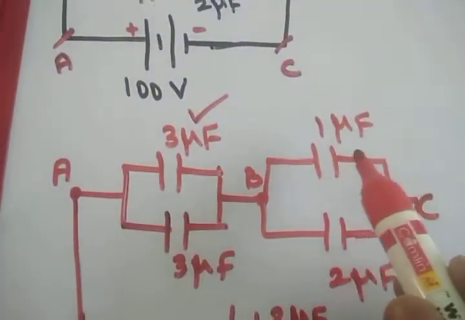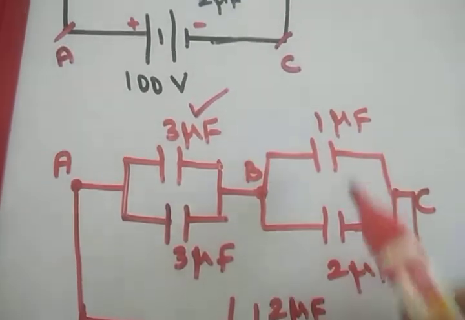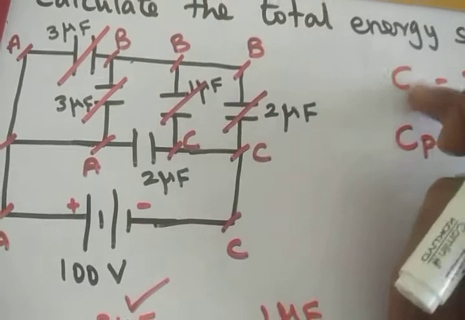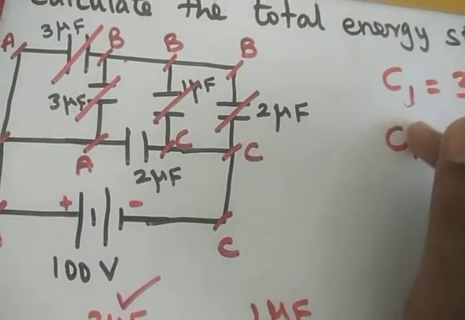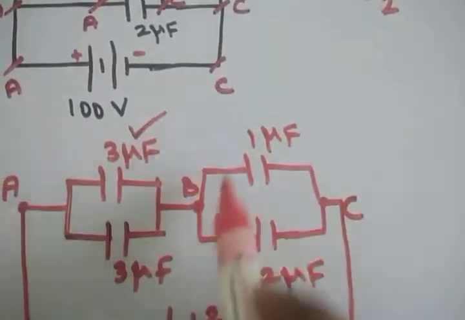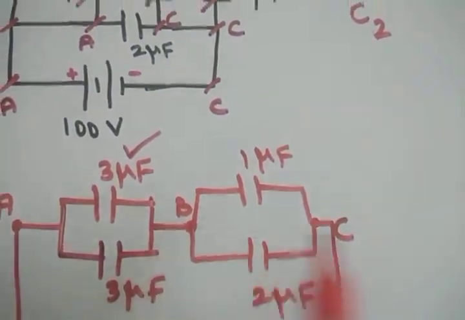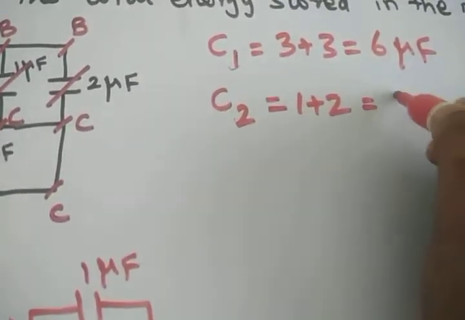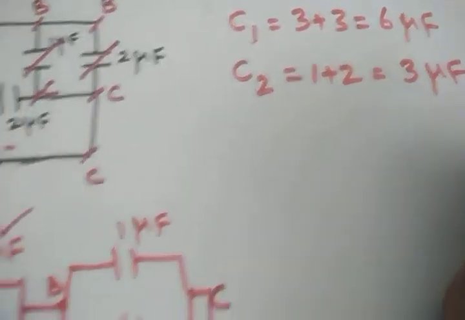Then in this part, the two capacitors are in parallel. So the total effective capacitance of this part is C2, which is 1 plus 2, equal to 3 microfarad.